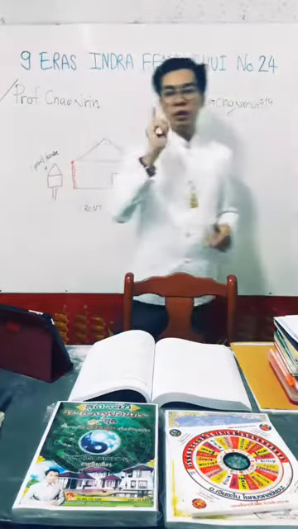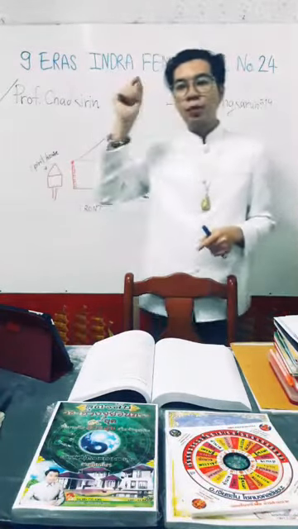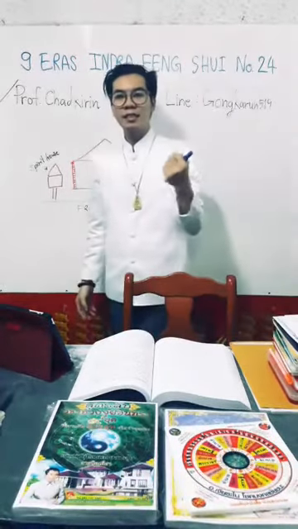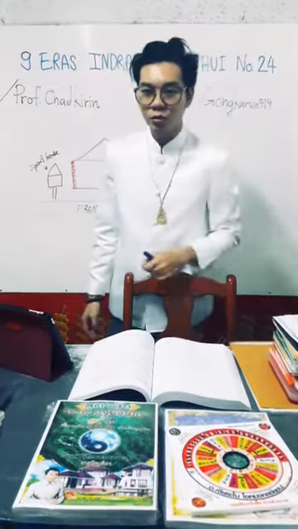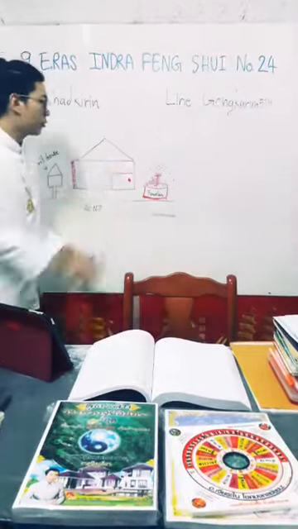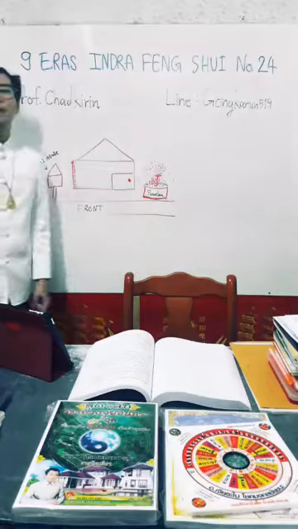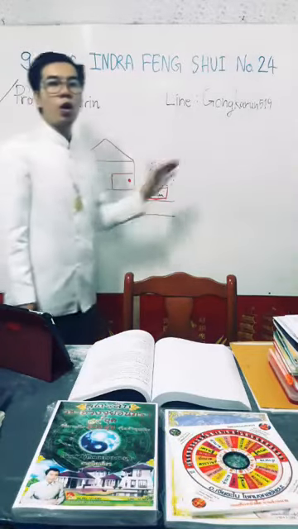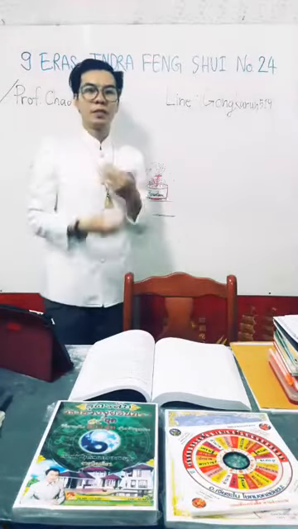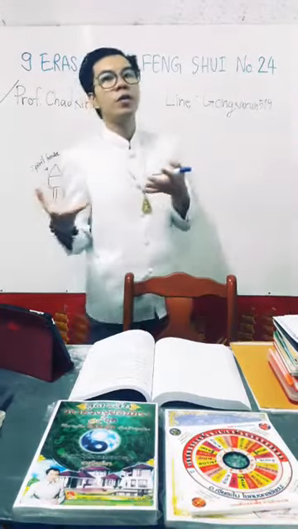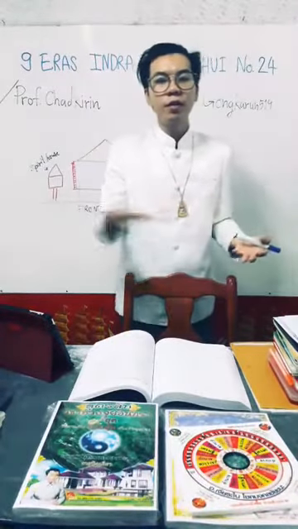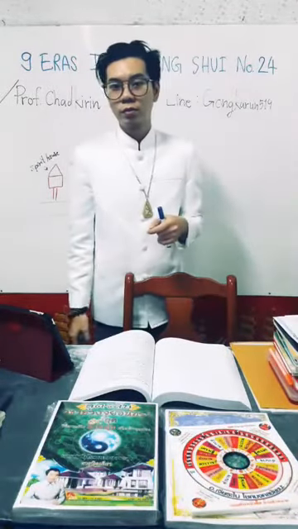So the door is the first important thing to bring in, to invite the best things to the house. This is the best part that you have to concentrate on, the gate and the door of the house, where you welcome wealth, prosperity, or good things to the house.